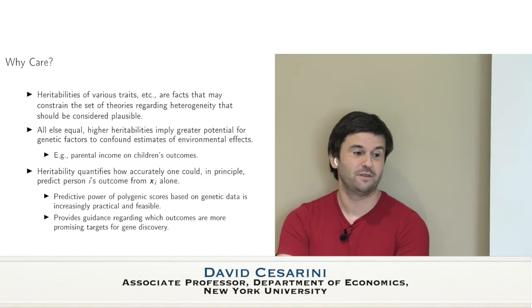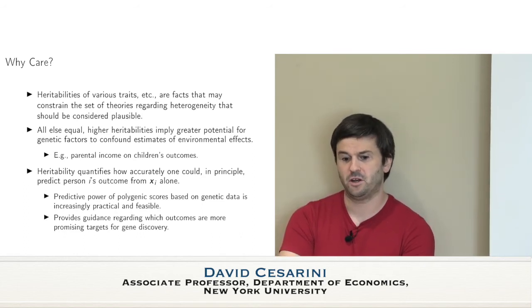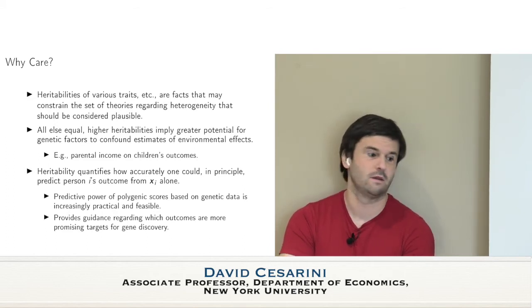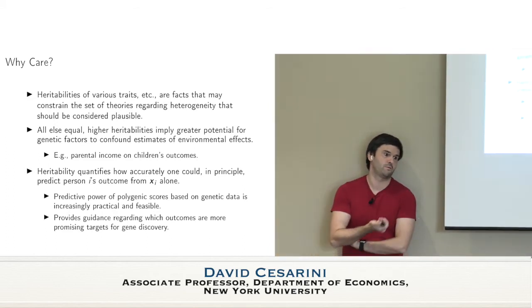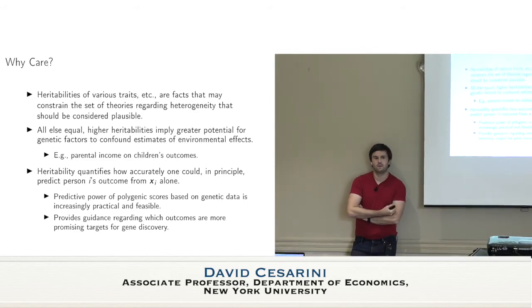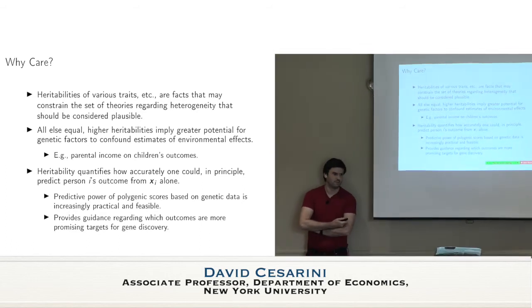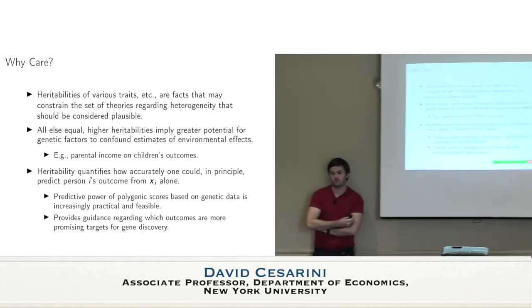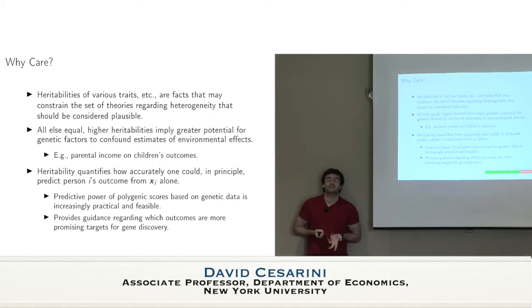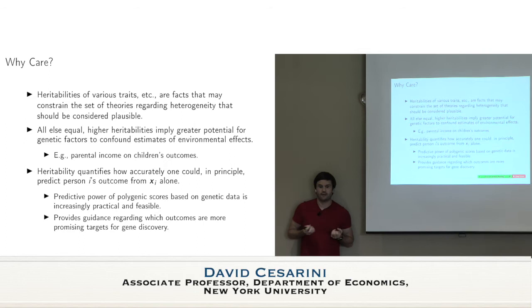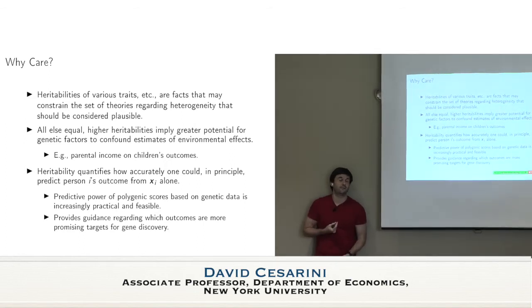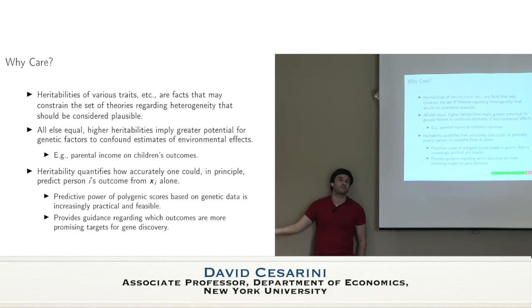Okay. So we talked about what heritabilities are. We talked about some common misperceptions of what they mean. And we talked about some ways in which they might be useful. So now I want to turn slowly towards the question of how we estimate them, and I'll talk mostly about traditional behavior genetic approaches, which fundamentally are about looking at the resemblance of different types of relatives phenotypically, and then making inferences about these latent variables, including latent genetic factors, based on some sort of restrictions that you get from theory.